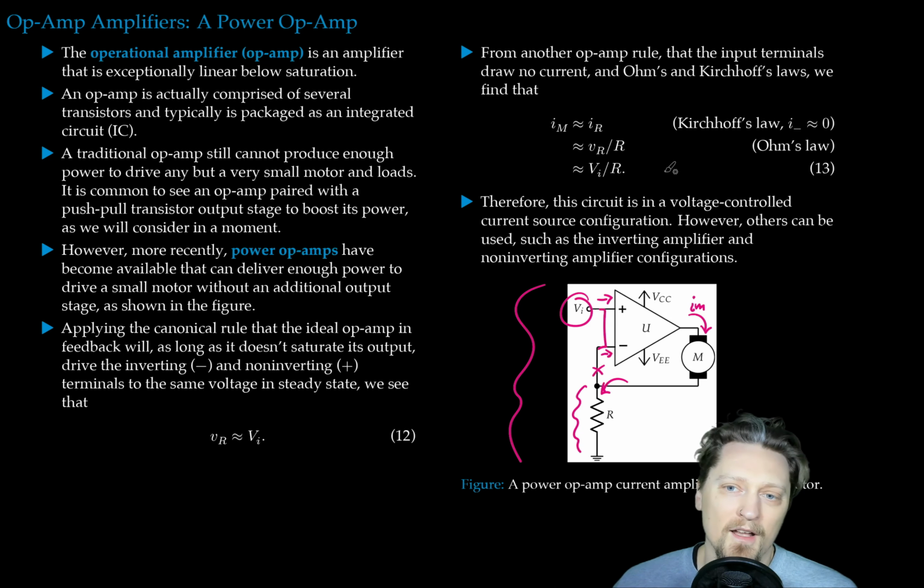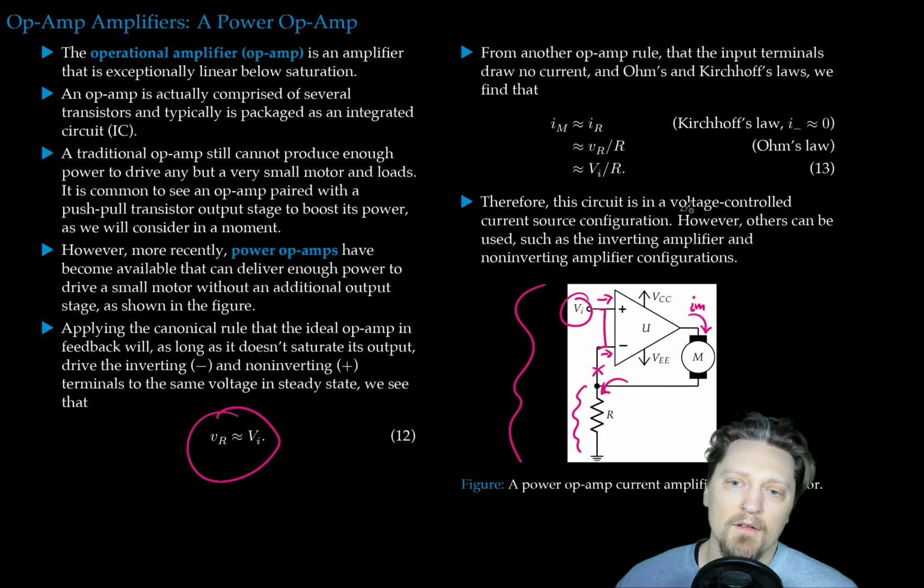Substituting in the fact that VI is approximately equal to VR, we have that the motor current is approximately equal to the input voltage divided by R. Therefore, the circuit is in a voltage-controlled current source configuration. However, others can be used, such as the inverting amplifier and non-inverting amplifier configurations.